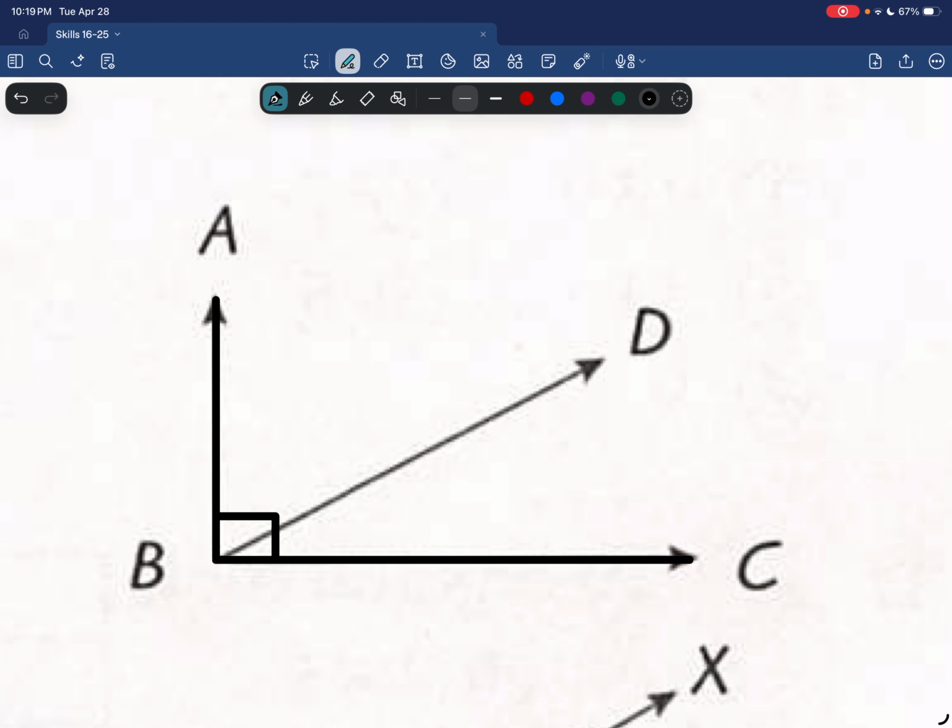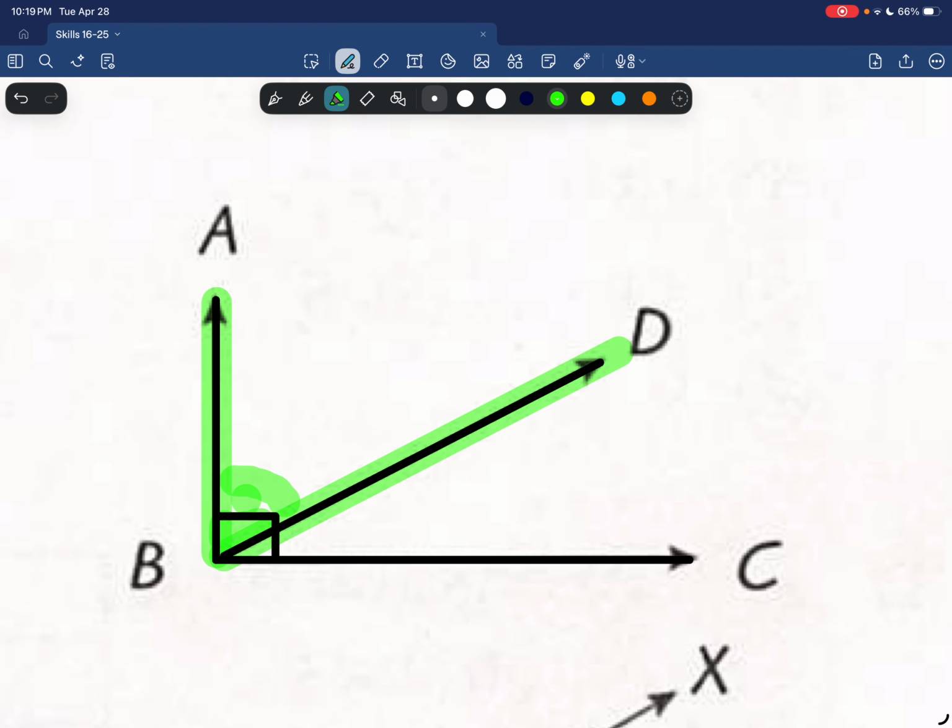So let's do a little bit of thinking here. Let's look first at this angle. I'm going to try to color it for you right in here. So angle A, B, D, that angle right in there. Let's suppose that that is 60 degrees.